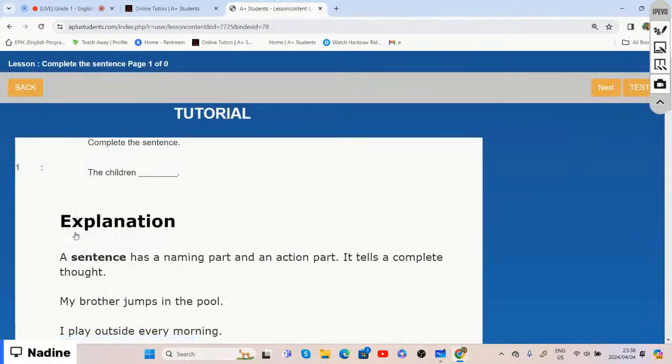And remember, we said a sentence needs to have a naming part as well as an action part.